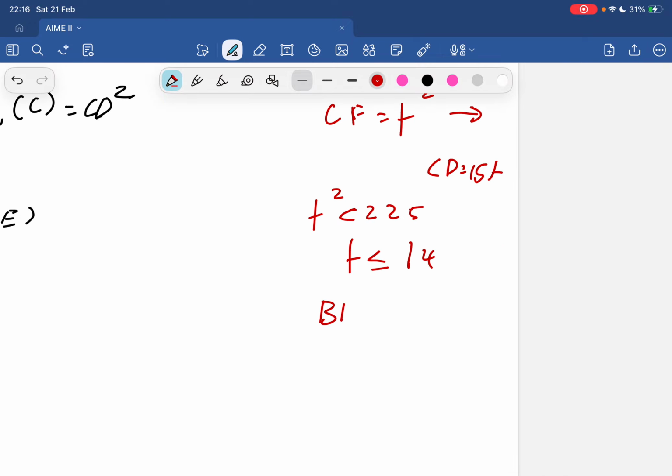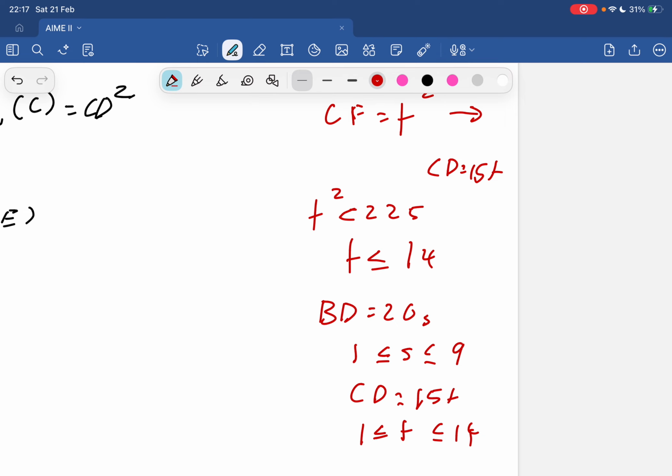Thus BD equals 20s with 1 ≤ s ≤ 9, and CD equals 15t with 1 ≤ t ≤ 14.